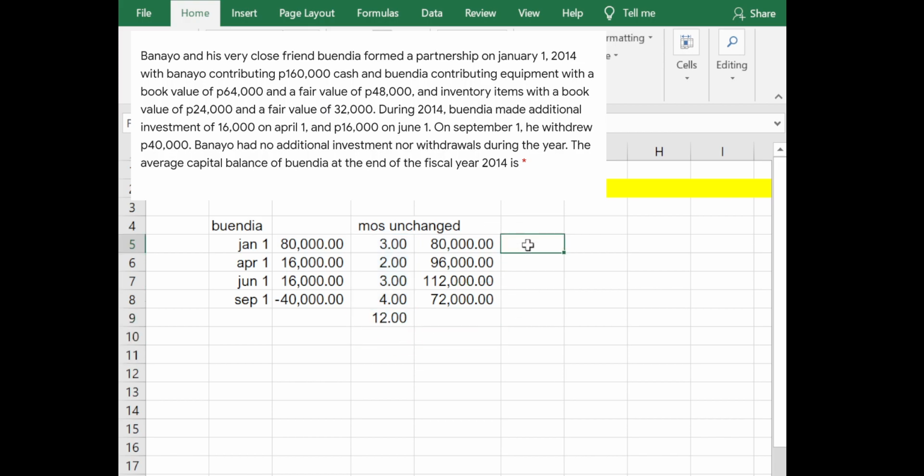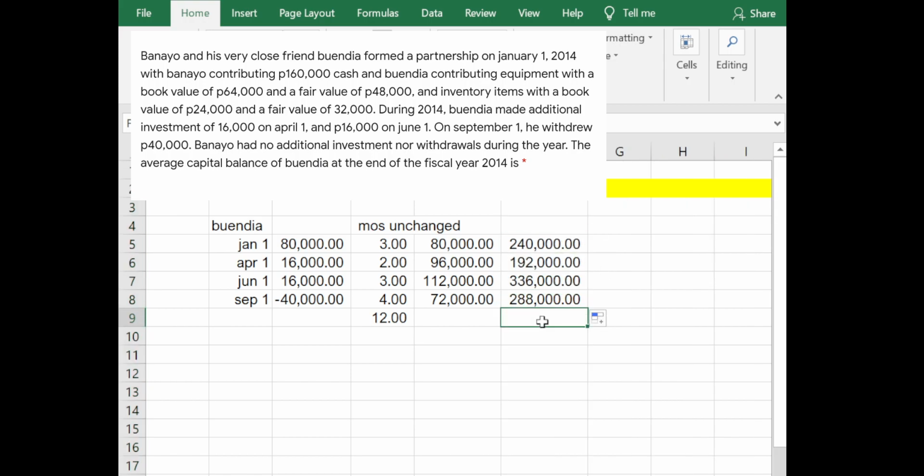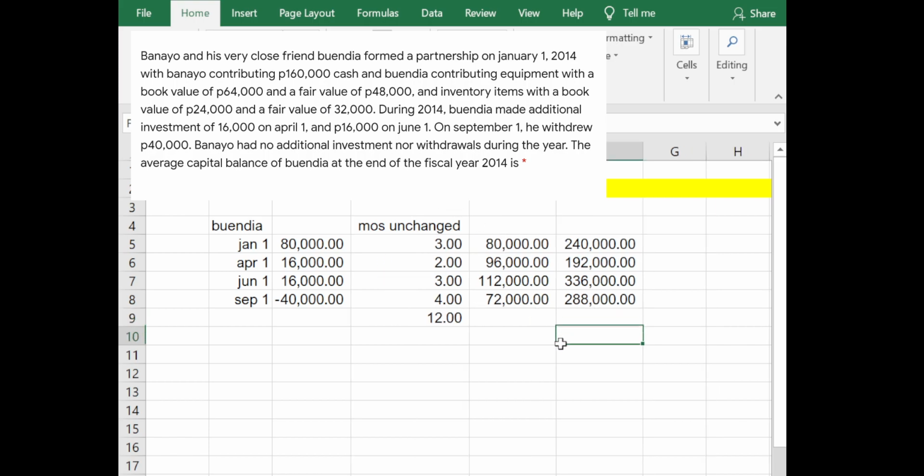Now, for the next step, we multiply the running balance by the months unchanged. Okay, there is our answer. And then the total amount, we divide this by 12 months.